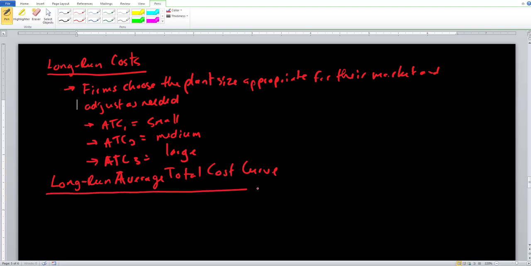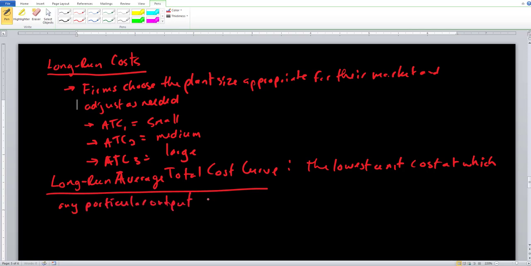And that, once again, just tells us the lowest cost for every single output that can be produced in the long run: the lowest unit cost at which any particular output can be produced in the long run. So here, once again, that funky shape that we just saw, that bolded green line, is known as our long run average total cost curve, the lowest unit cost at which any particular output can be produced in the long run.